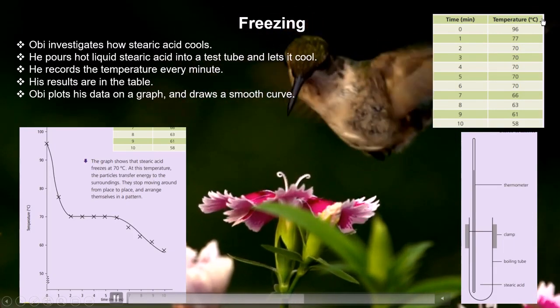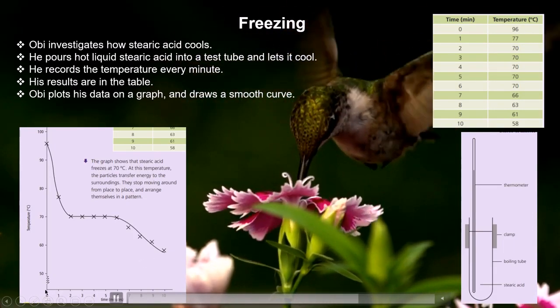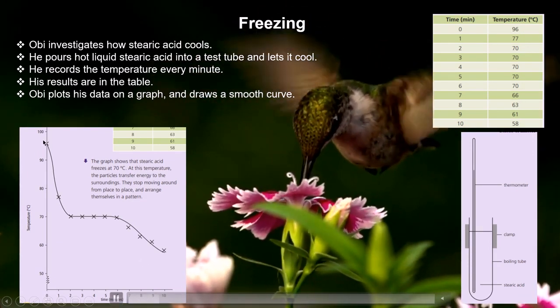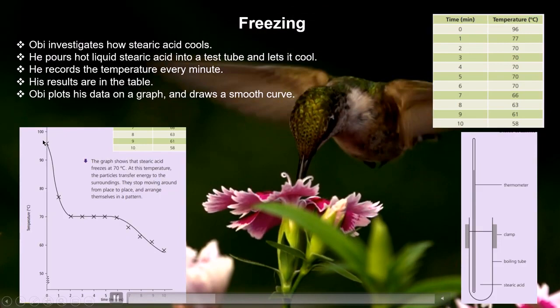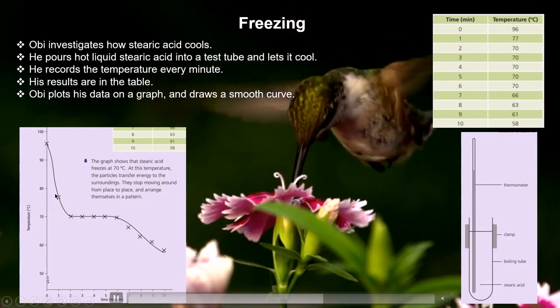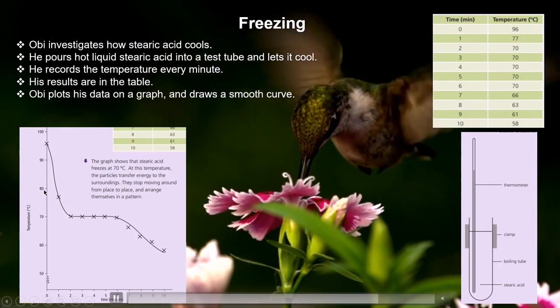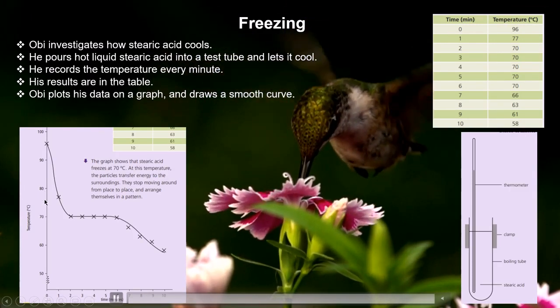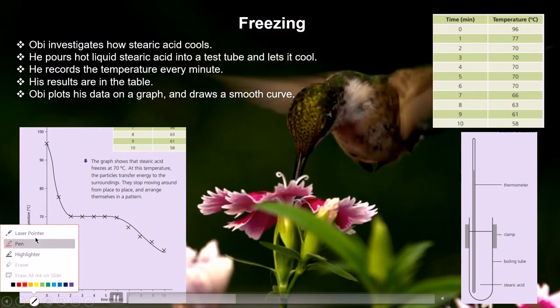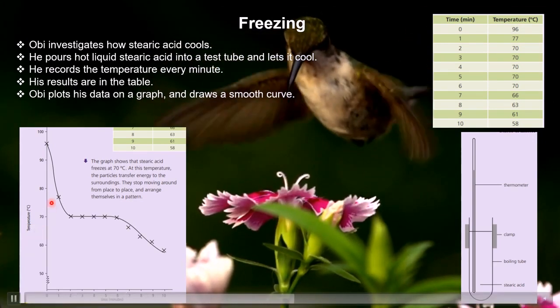And his result is 96, so the results start at 96 over here. Then comes 77, at 1 minute. So 1 comes over here, right? 77 is almost near 80 and higher than this point. I may show you by the laser as well, but it's easier if I show you by the mouse.